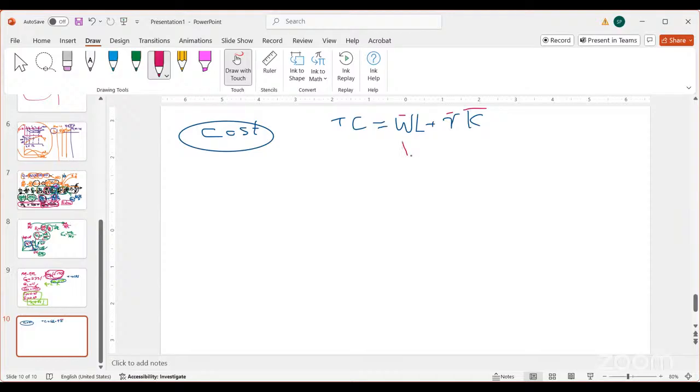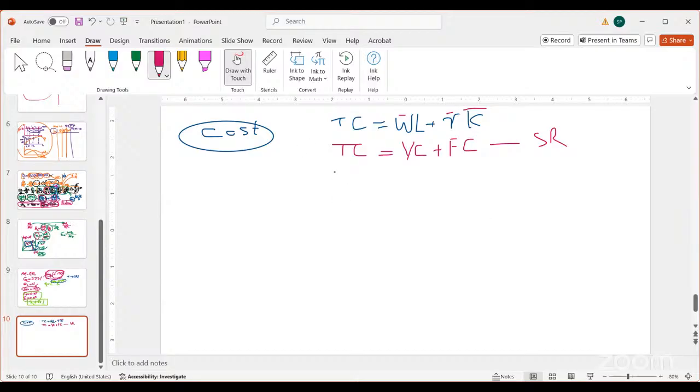Now there you can get the variable cost plus fixed cost equals total cost. This is the short run situation.